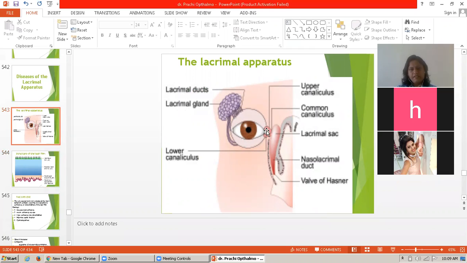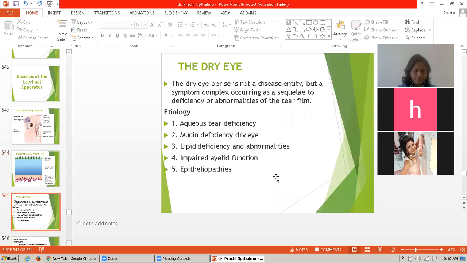Then this one is the upper canaliculus, lower canaliculus, which meet as a common canaliculus, which opens in the lacrimal sac and continues as a nasolacrimal duct and opens in the wall of the nose. So, the diseases of the lacrimal apparatus are divided into two groups, that is abnormalities of the lacrimal gland and defects in the drainage system.